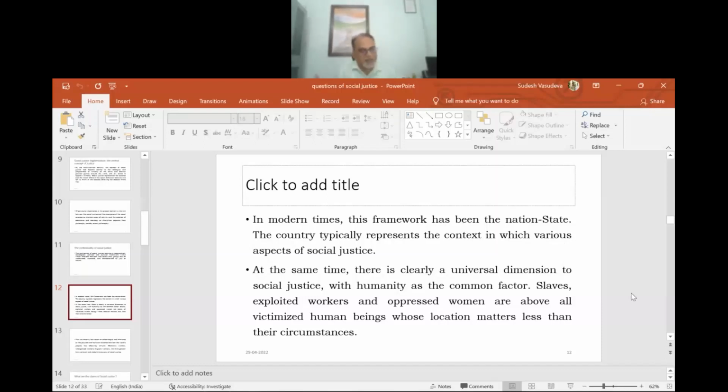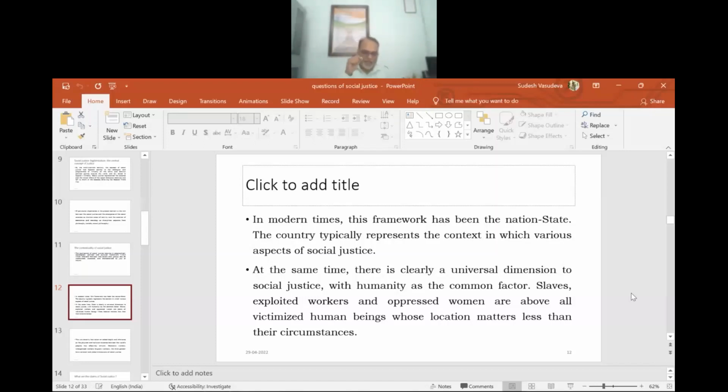Maybe in the later slides, we will see how it could become a universal concept. But the question of social justice at this point of time is to be considered as contextual, in the sense that it requires a geographical setup, a sociological setup, a political and cultural framework setup.